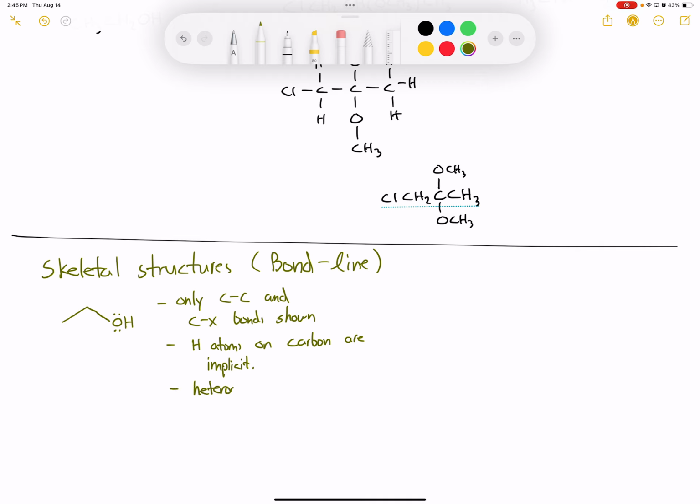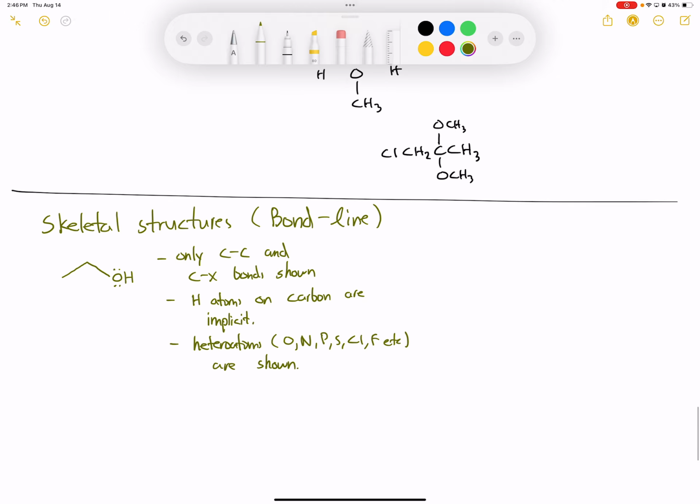Heteroatoms, like oxygen, nitrogen, phosphorus, sulfur, halogens, fluorine, etc. are shown. Okay?